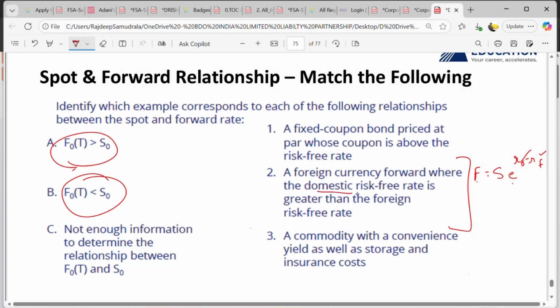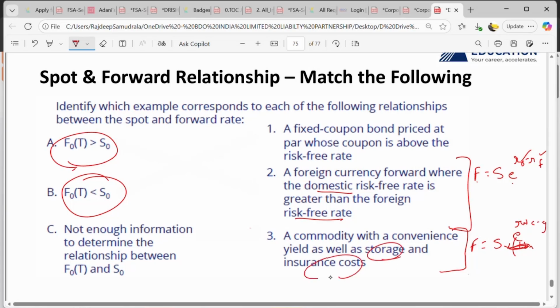So they're saying अगर D F से ज़्यादा है, so the answer will be potentially higher forward, right? Here they're saying a commodity which has convenience storage insurance cost. So मतलब, अगर मैं forward कर रहा हूँ and I'm doing spot and I'm doing into 1 plus R, e raised to R, but I'm also doing plus cost minus convenience yield, correct?